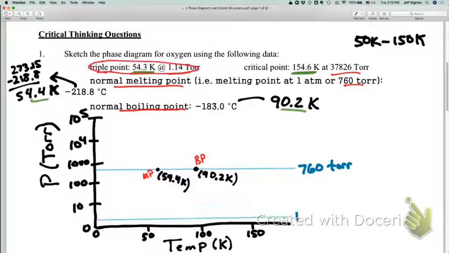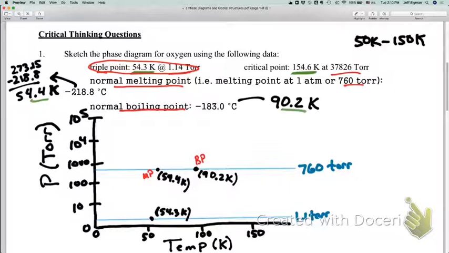So I'm going to put in a line to indicate 1.1 torr. That's pretty rough, actually, but it'll be easier to see above the black line of the x scale if I put it up a little bit higher. Now I'm going to sketch in that point, 54.3 K at 1.1 torr, which is the triple point.